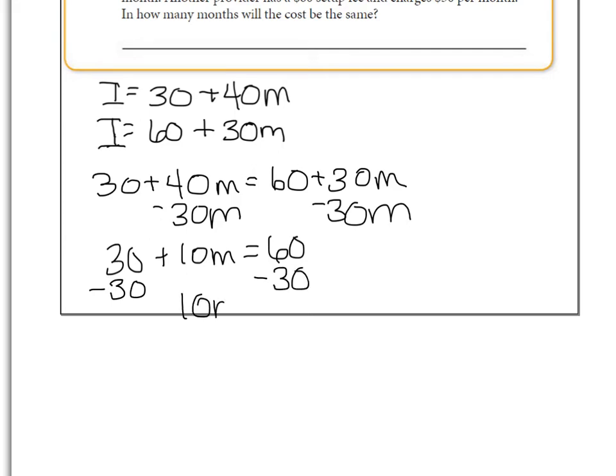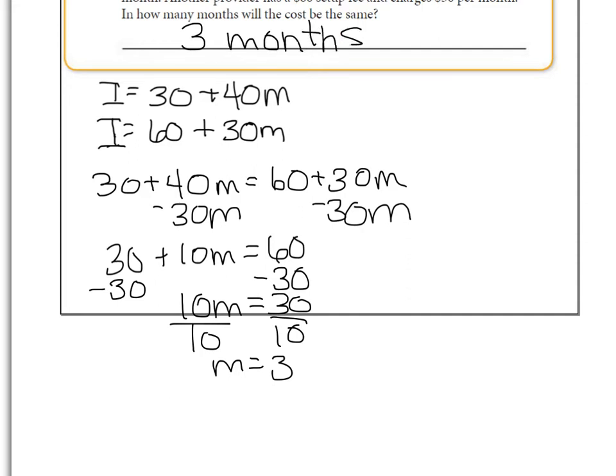So 10M is equal to 30. Divide by 10. M equals 3. So how many months? The answer is 3 months. Again, to find the cost, we would plug that 3 back into either equation, but it doesn't ask us what the cost is, so we only have to find half the problem.